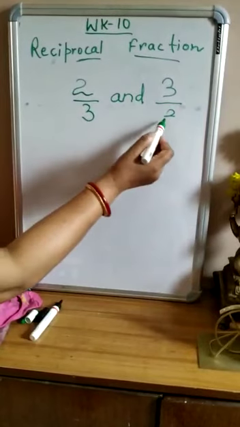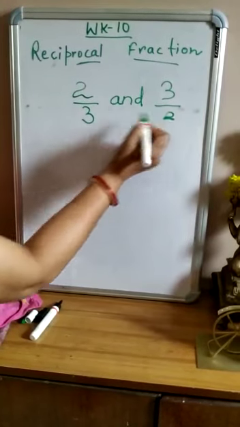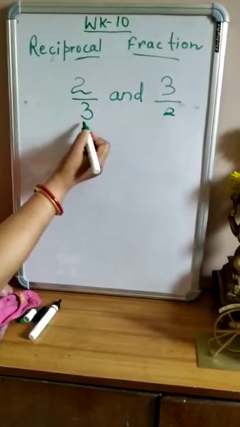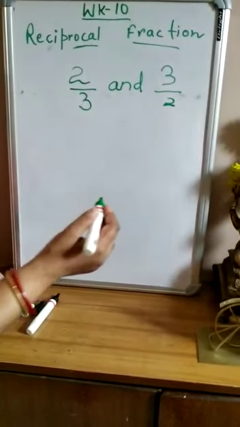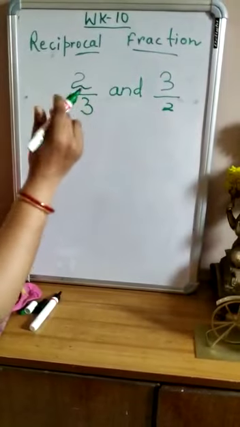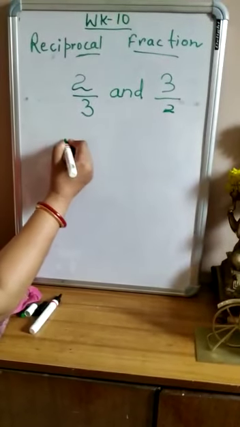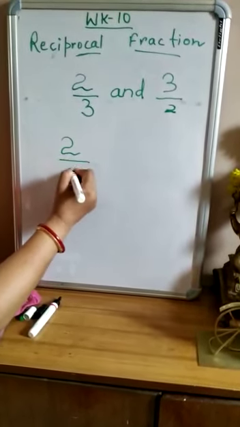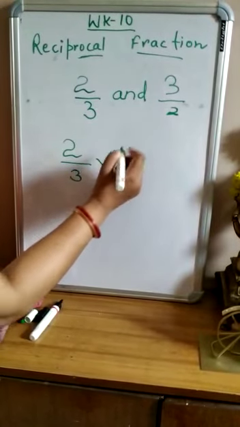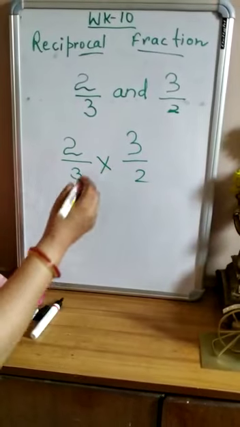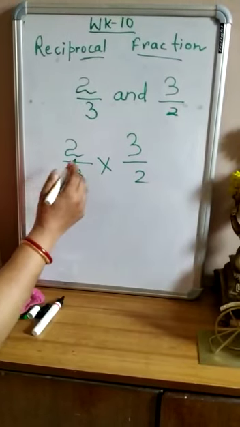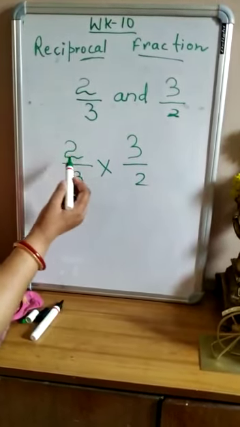Their denominators are different: the denominator of this fraction is 3 and the denominator of this fraction is 2. Now let us multiply these two fractions. Let us multiply 2 by 3 multiplied by 3 by 2.